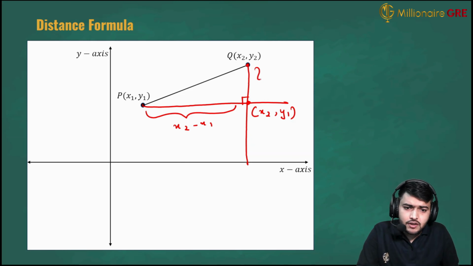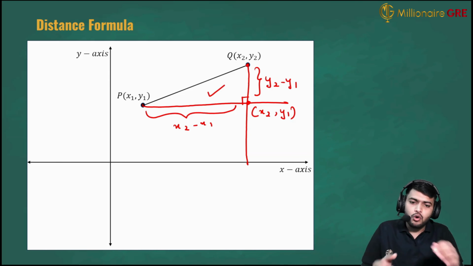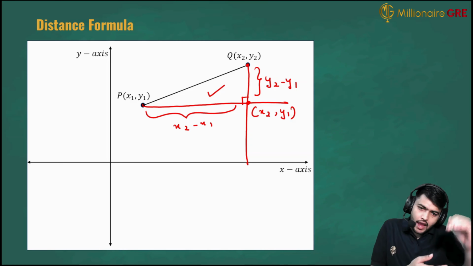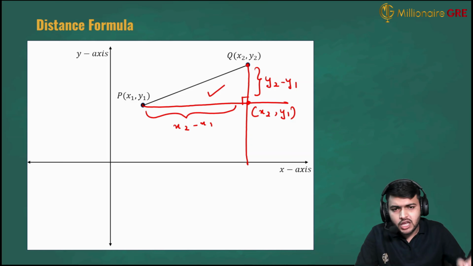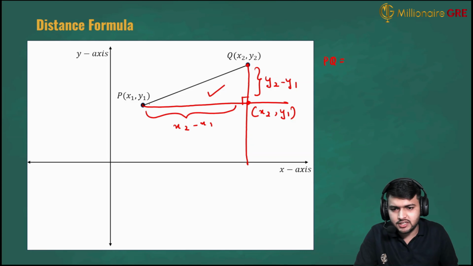So the distance will simply be the difference in y coordinates. So y2 minus y1. We have this right angled triangle whose base we know, and that is x2 minus x1, and the perpendicular is also known, y2 minus y1. Using Pythagoras theorem, we can get the value of hypotenuse, which is essentially the length of this line segment PQ.